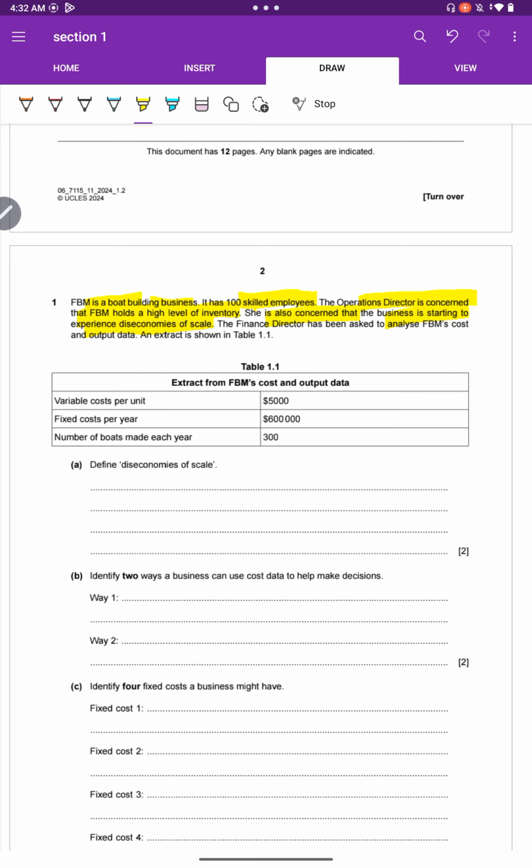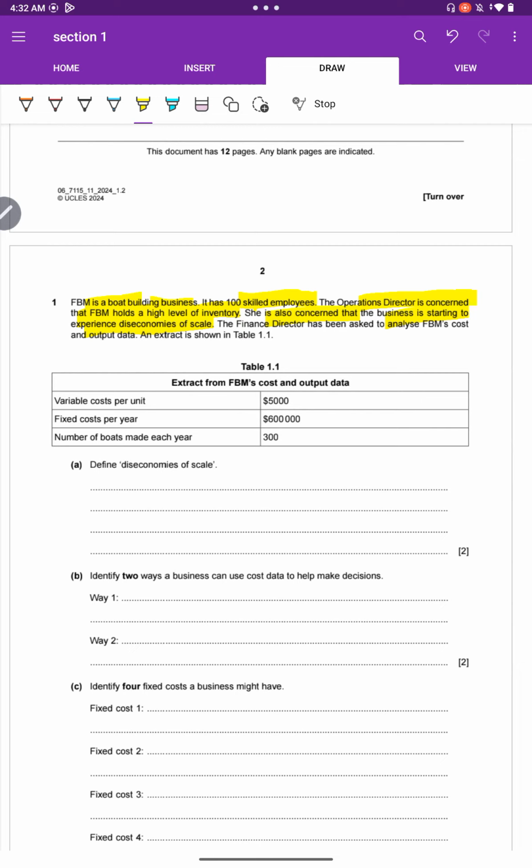We know this is a very basic disadvantage whenever a business is expanding, going upwards, whether this expansion is internal or external. Whenever you are expanding, you will be experiencing diseconomies of scale.